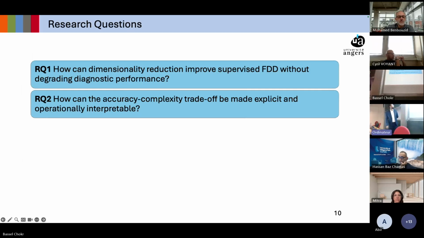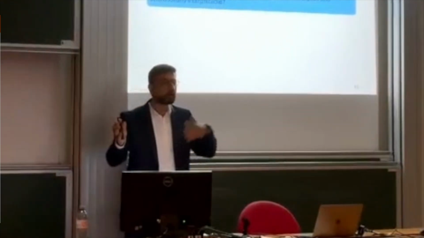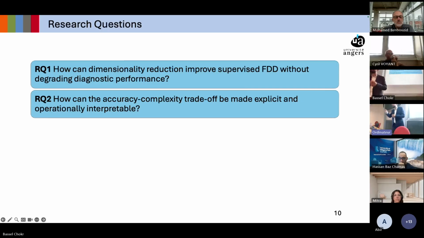The research questions. First, question one: how can dimensionality reduction, reducing the dimensionality with respect to the variables governing a given system, improve supervised FTD without degrading diagnostic performance? Question number two: how can the accuracy-complexity trade-off be made explicit and operationally interpretable?